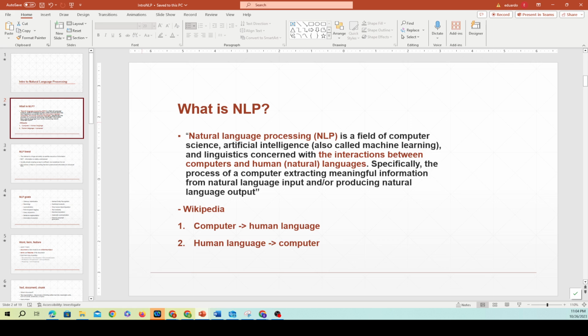So what does that mean? It's practically the computer being able to take a human language and understand it. What it does is take input information, the natural language, which is the humans' natural language.